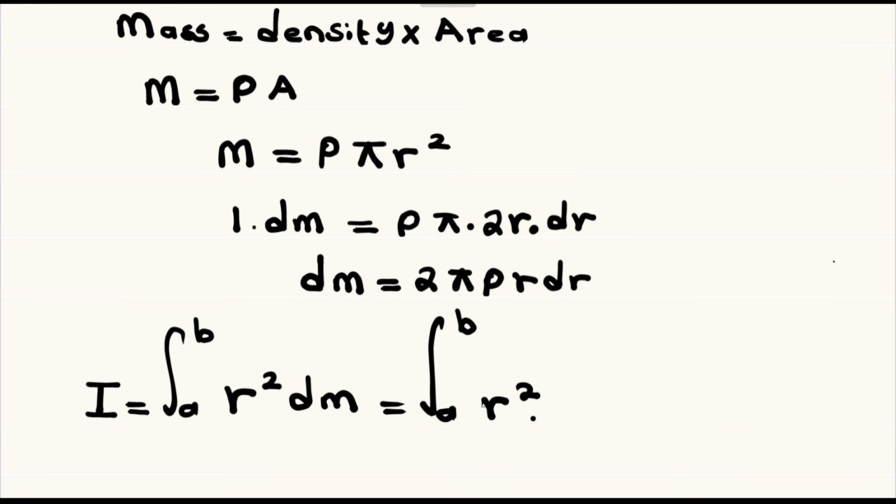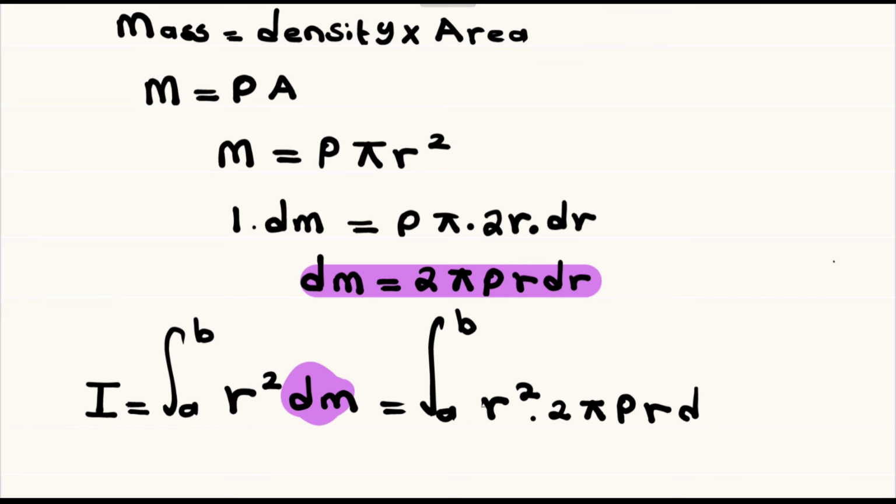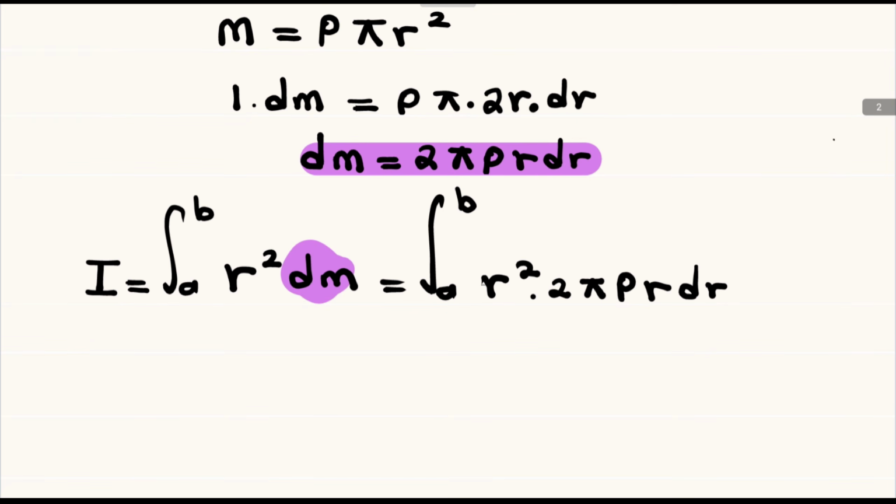In the place of that dm, we are going to substitute the 2 pi multiplied by the density multiplied by the radius and the dr. We are integrating with respect to the r.